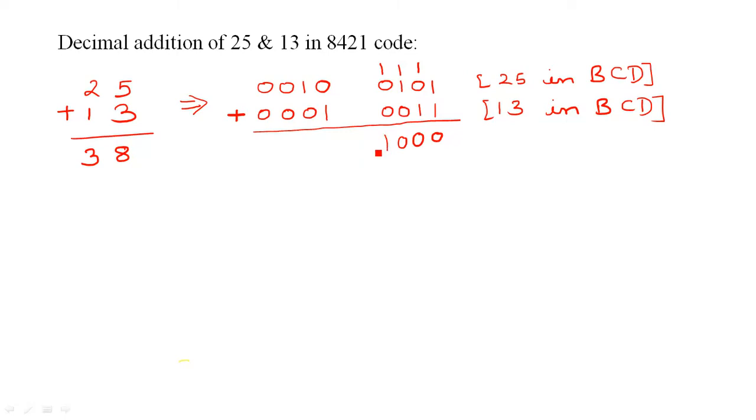So 1 plus 0 is 1. So 1000 we are getting. Here 0 plus 1 is 1, 0 plus 1 is 1, then 0, then 0.